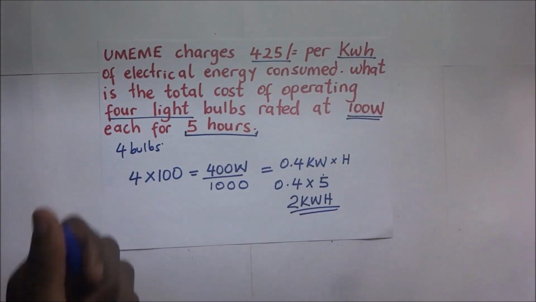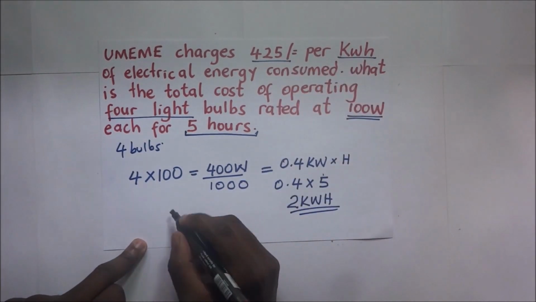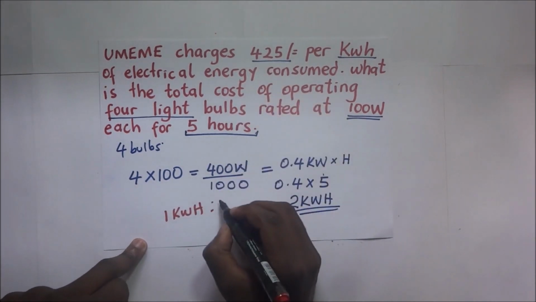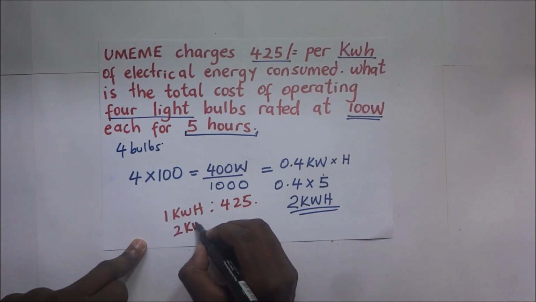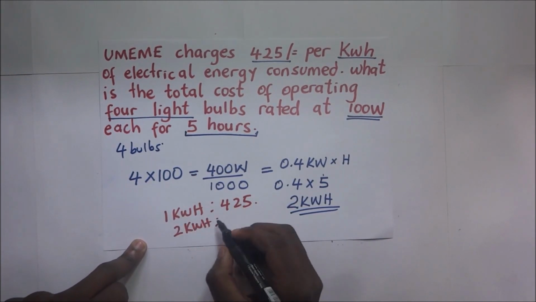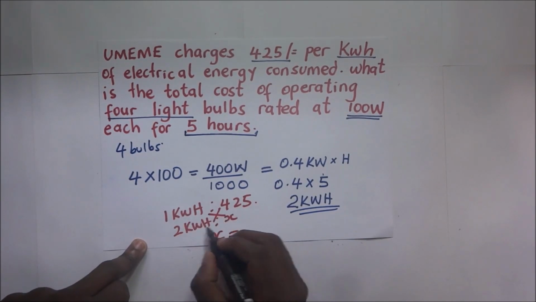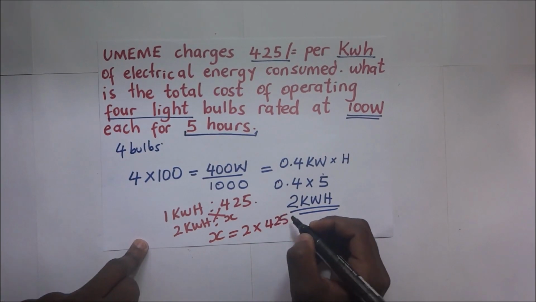And in this case, we know that 1 kilowatt hour is going to cost 425 shillings. Therefore, 2 kilowatt hours is going to cost this times that, twice the other. So it means that is X giving us 2 times that, 425, and of course.